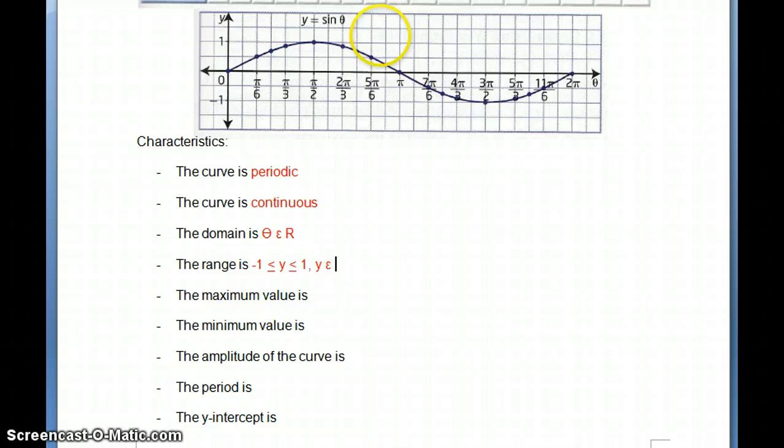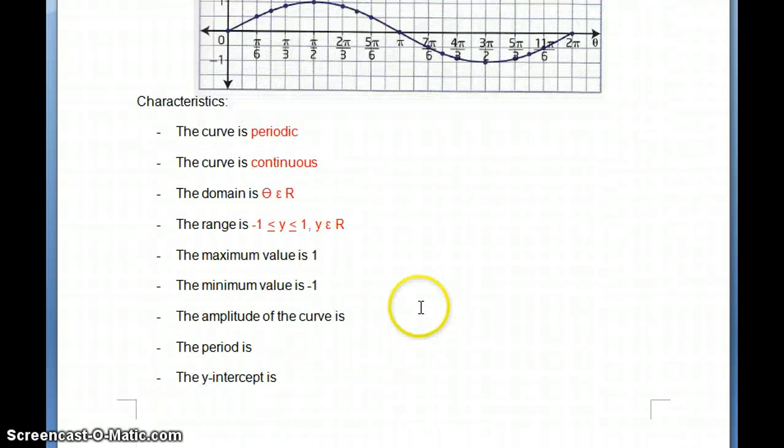So there in itself, we already talked about the maximum and minimum values. Your maximum is obviously going to be 1, and your minimum is going to be -1. And the amplitude of the curve, there's been no changes to the sine of theta, so if you really wanted to just jump to it, you could say that the amplitude is 1.